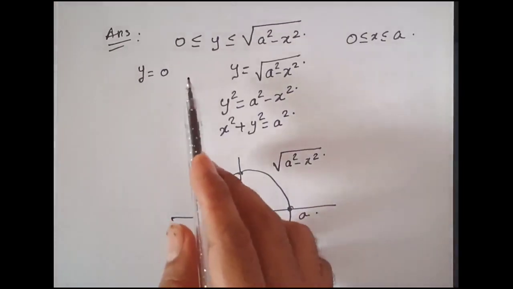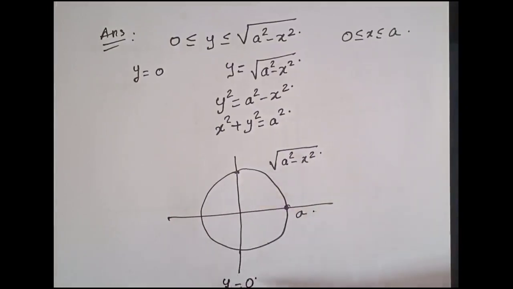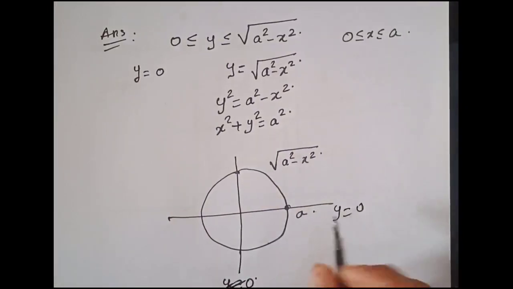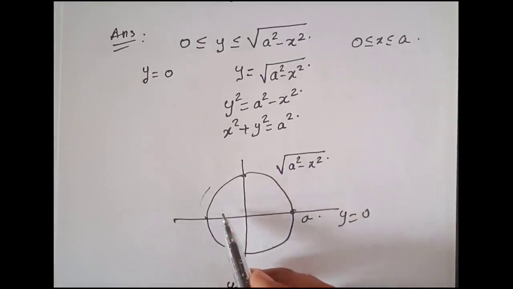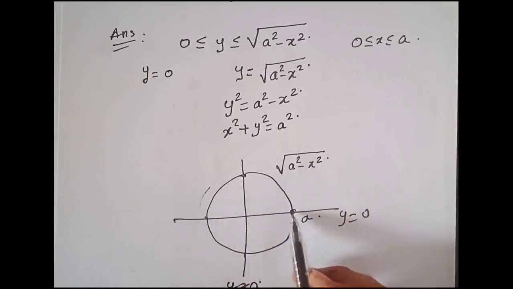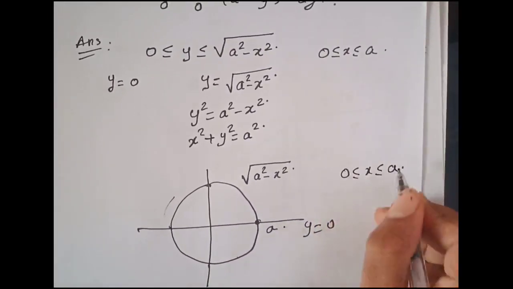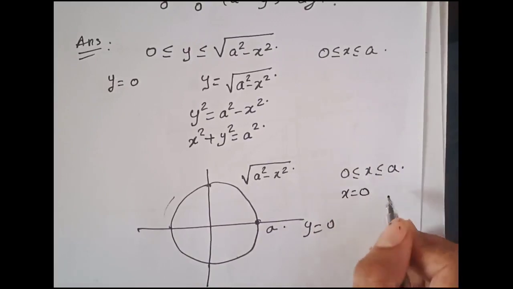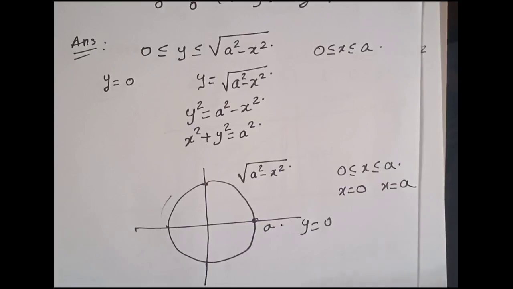Alright, so our y is from where? y is from 0, that is y equal to 0, and y is the upper region. That means everything between this line and this curve. Then the second limit is 0 less than x less than or equal to a. That means x is equal to 0 and x is equal to a are the two lines we have to consider.